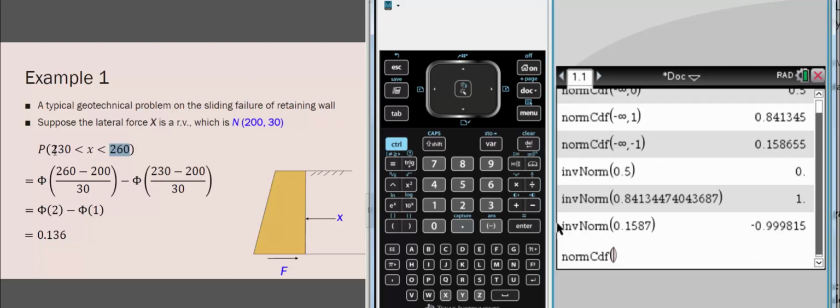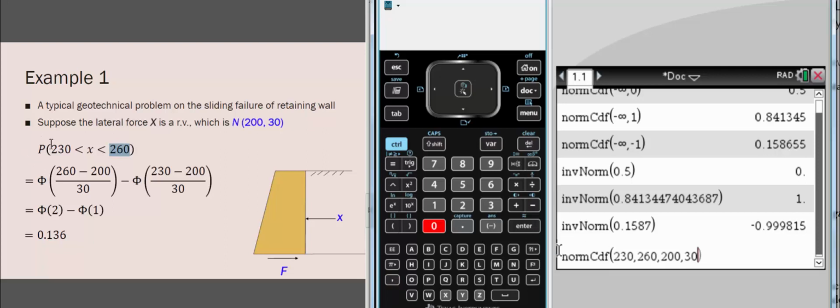This time we really do have some finite lower and upper bounds, being 230 and 260, separated by a comma. We know the mean value is 200 and the standard deviation is 30. So you can simply do that.